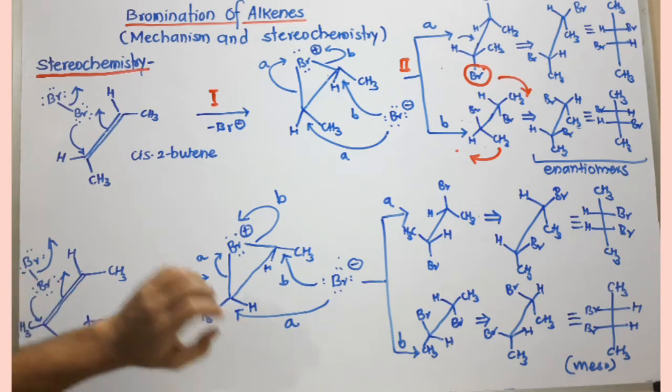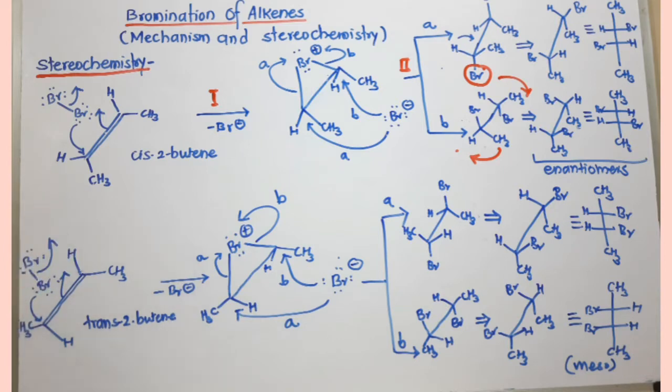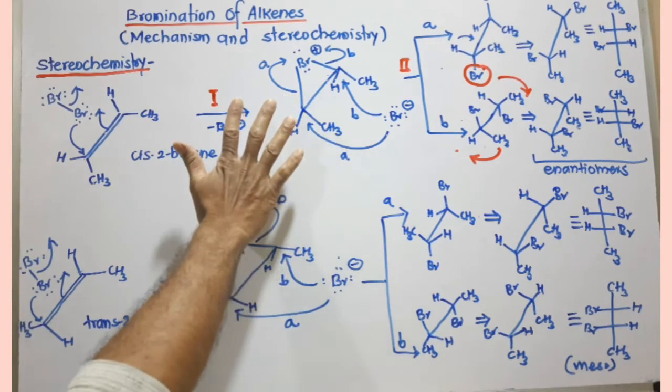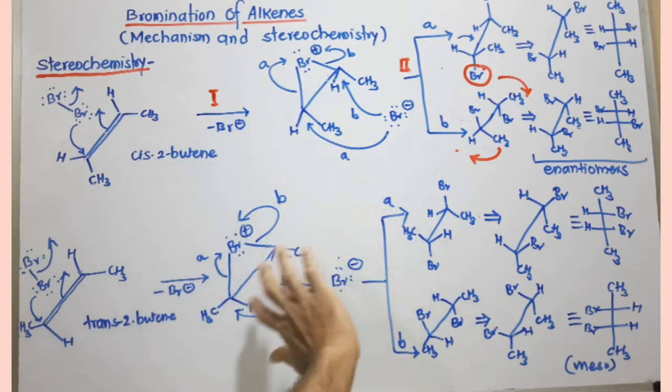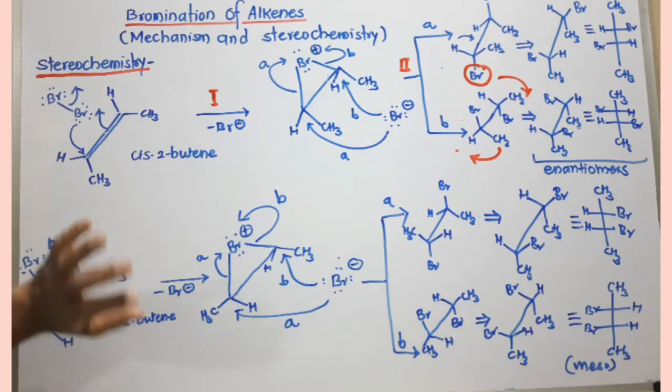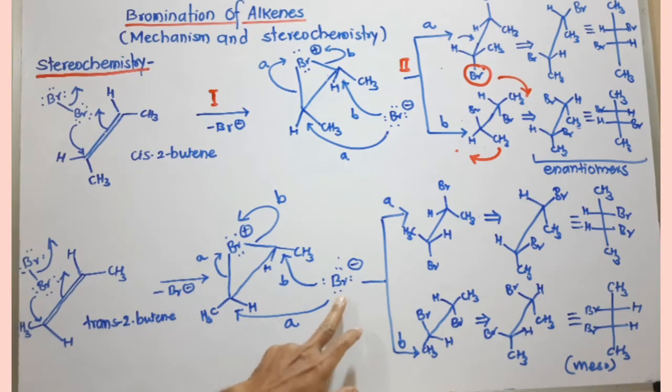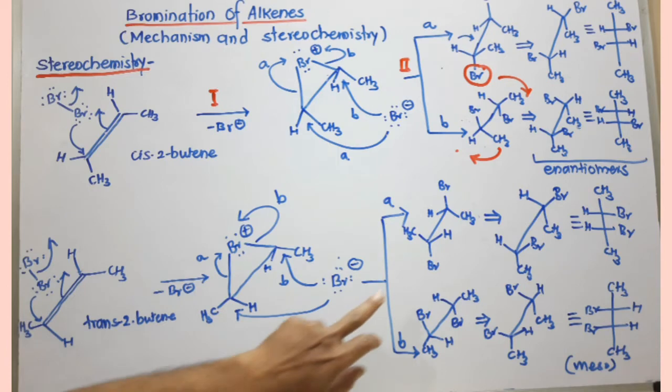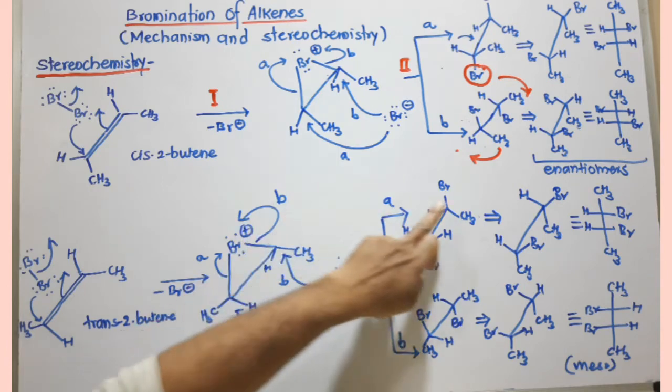So up to this is similar, need not discuss again. Now Br, again, we can provide explanation for this reaction also. So if Br is attacking A, Br is going down, this Br is going up.